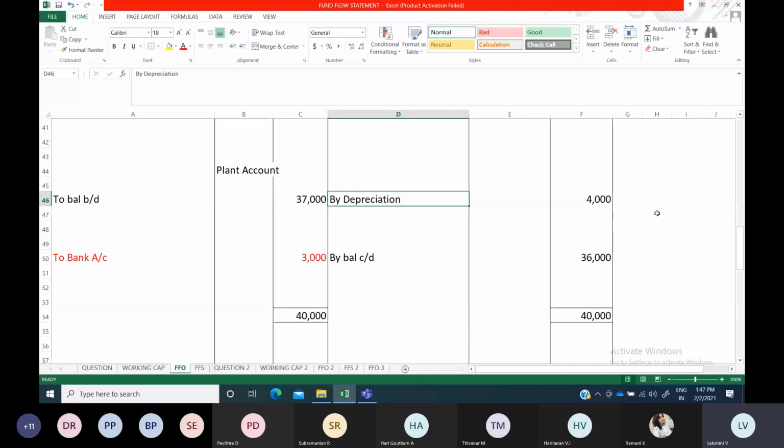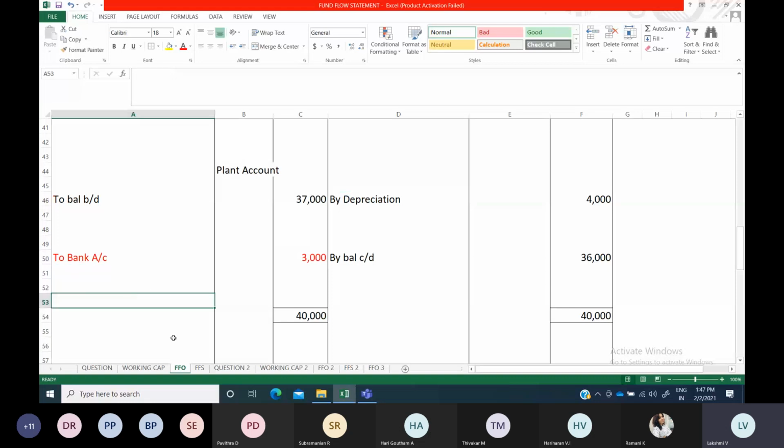They have given you 4,000 depreciation, so that amount has been mentioned, and you have found out the plant account purchase as 3,000 rupees. So this is known as purchase of plant. This amount we will be showing under the fund flow statement under application of funds, purchase of plant 3,000.